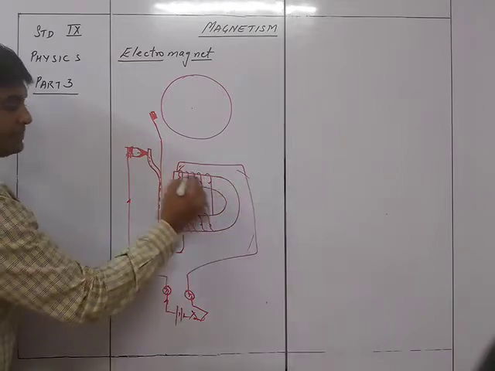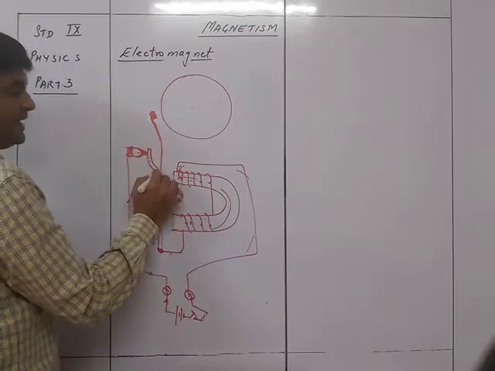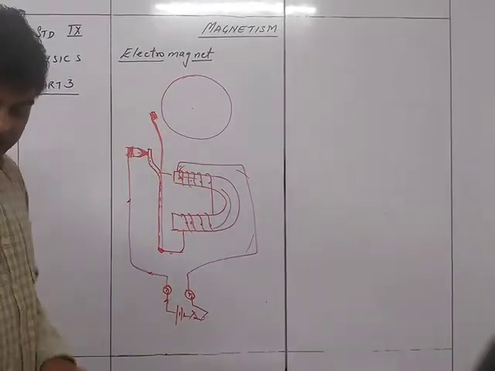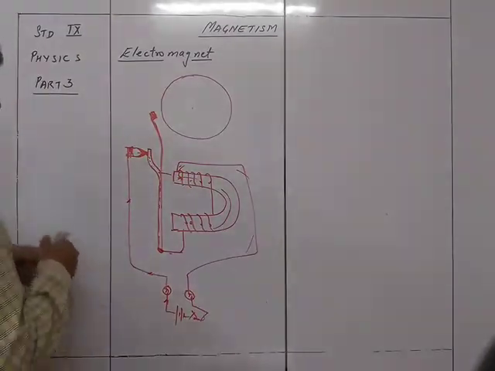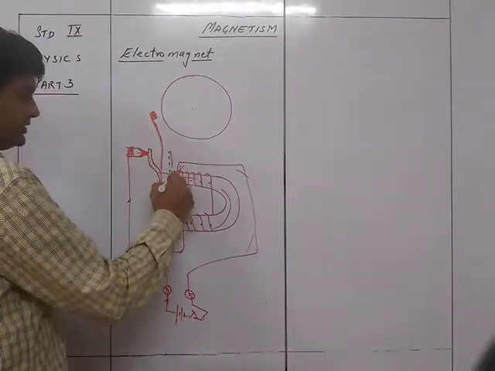So it becomes an electromagnet. So once it becomes an electromagnet, this particular strip gets attracted towards over here. So this is going to get attracted and going to be like this, okay?